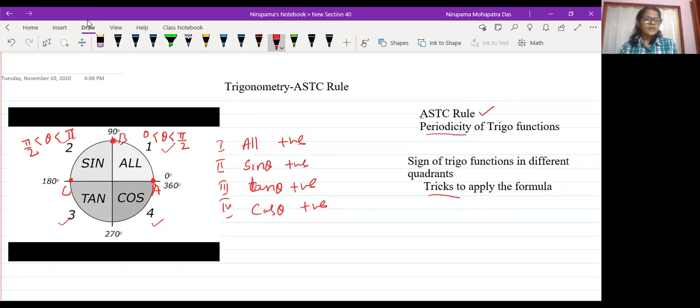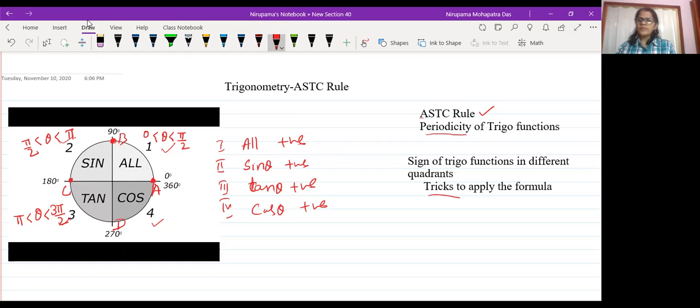Now you are moving in a circle, and we are arriving at D, for example. Here it is 270 degree, and the third quadrant is over. An angle in the third quadrant means theta is more than pi and less than 3 pi by 2. 270 degree means 3 into 90 degree, means 3 pi by 2.